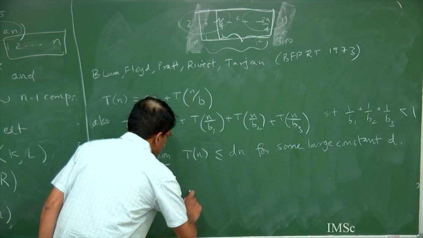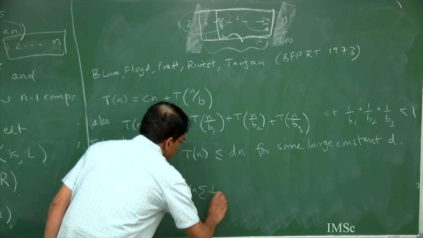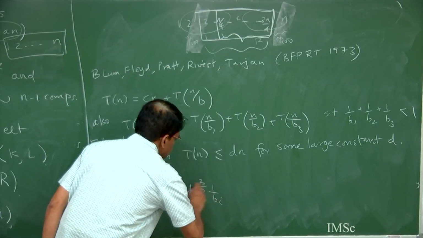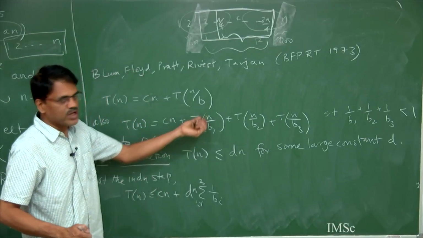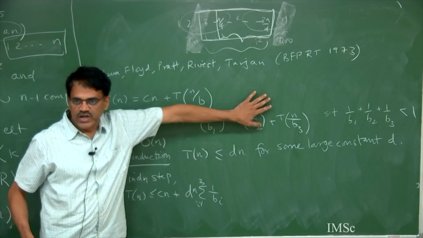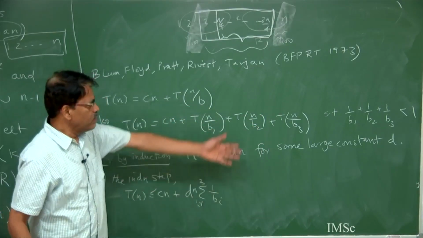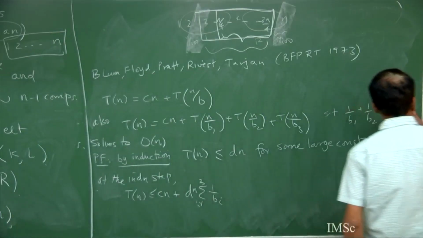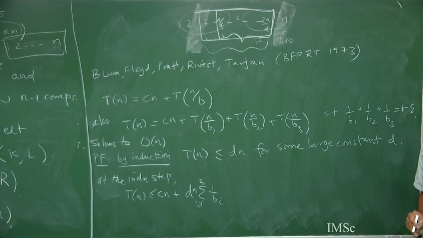T of n is less than or equal to Cn plus d times n over b1, d times n over b2, d times n over b3, by induction. I took the dn outside and the summation 1 to 3 of 1 over b_i, which I am told is less than 1. Let us write this as 1 minus epsilon.